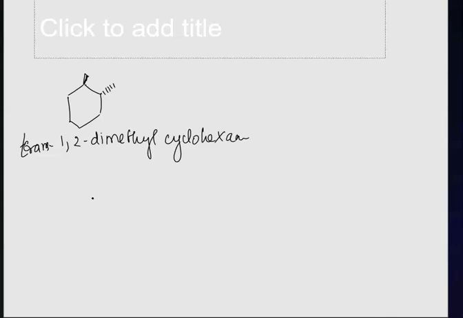So when I draw this as a chair conformer, to make it trans, one has to be up and one has to be down. And here again, you can choose any two positions which are right next to each other. Right? I will tag them with a blue color as we did before, and we have a, say, green on this carbon atom.